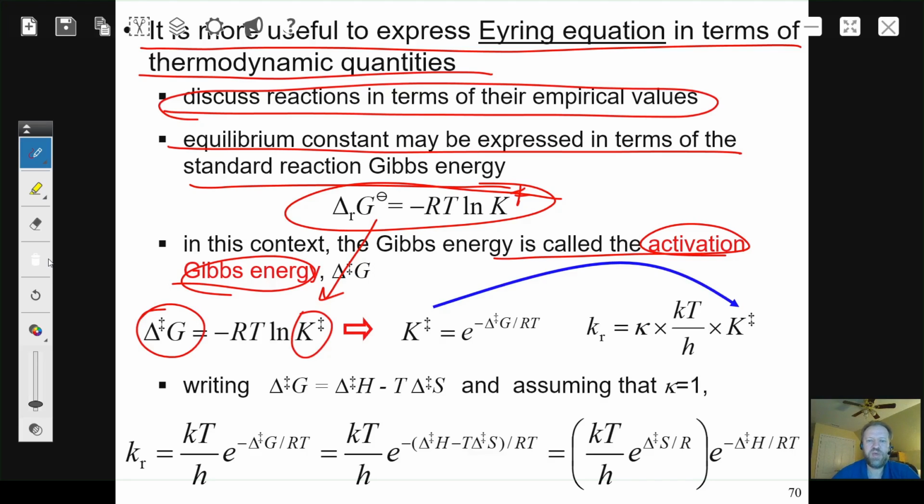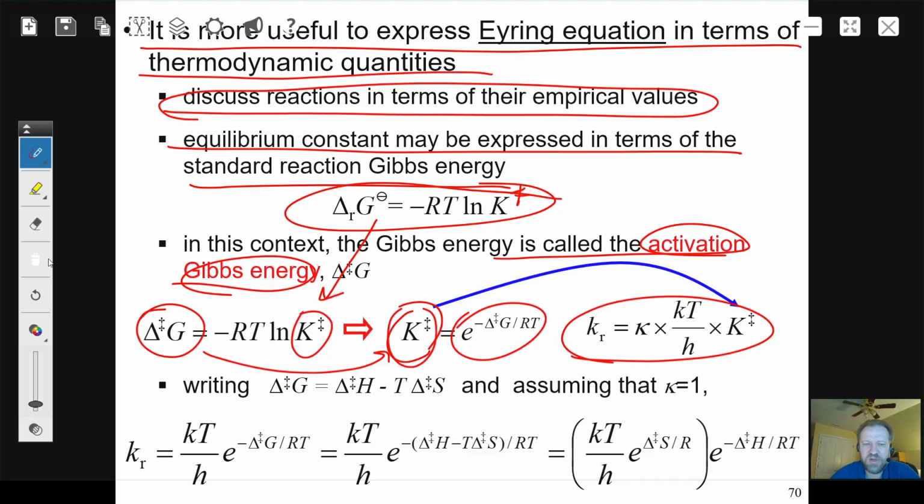Okay. Now we solve this equation for the equilibrium constant and have its expression in terms of our activation Gibbs energy. And now we put it into the Eyring equation, and then we expand the activation Gibbs energy in terms of activation enthalpy and activation entropy, and assume that the transmission coefficient is 1.